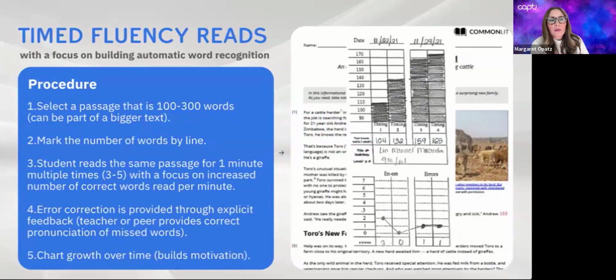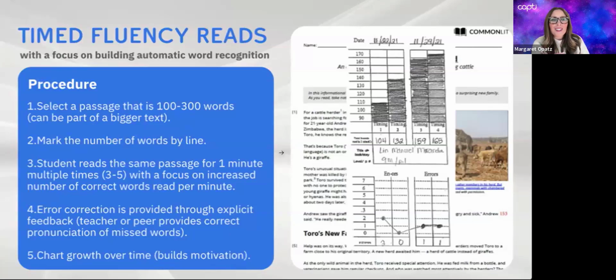So we're going to give that immediate error correction feedback, where the teacher or a peer is providing the correct pronunciation of a word or helping them analyze the word to be able to read it accurately. So then students read the passage again, and this can be up to 5 times.